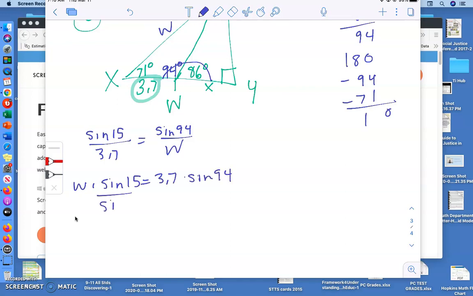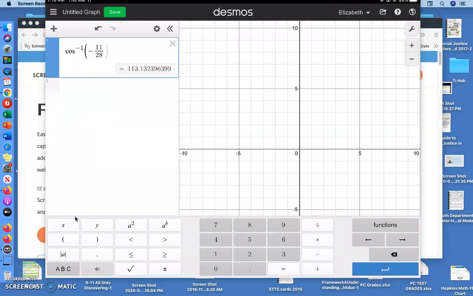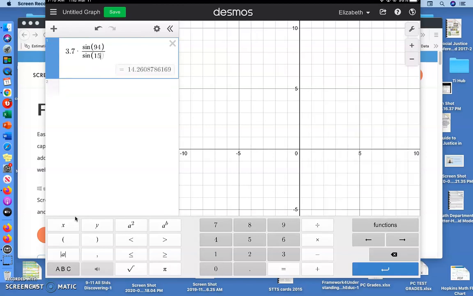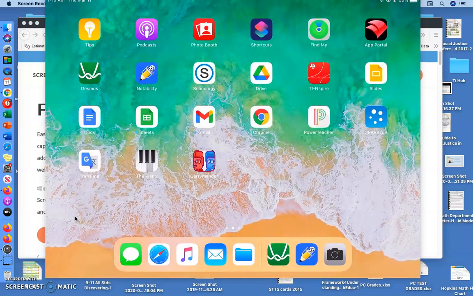Divide by the sine of 15. So we got 3.7 times the sine of 94 divided by the sine of 15. So we have 14.2.